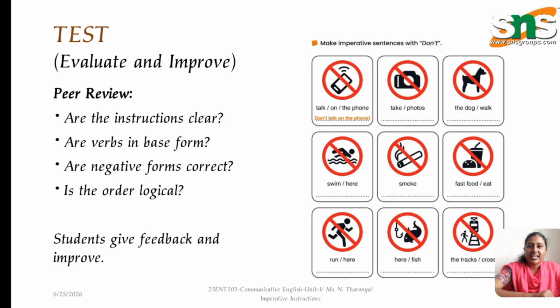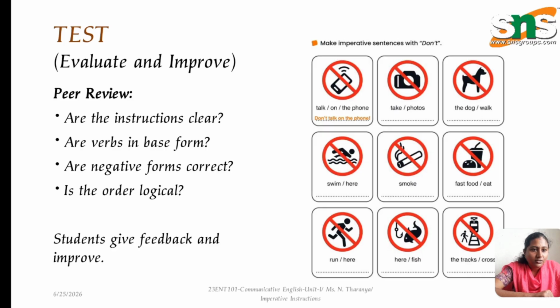Next one, no smoking area. It is commonly seen around temples, religious places, educational institutions, hospitals, all these kinds of areas. Next, no fast food or eating allowed here. It is commonly seen in some public spaces like parks and hospitals. No running here. It is commonly seen in hill stations.